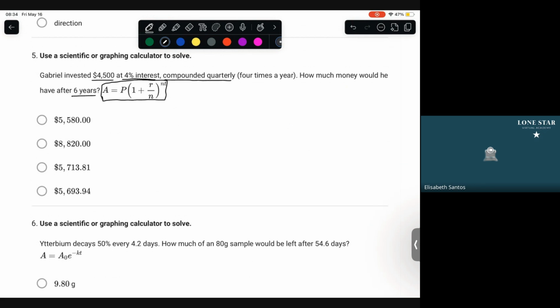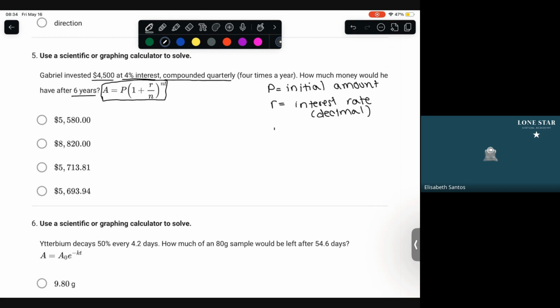Okay, so let me go ahead and go over what is what. P stands for the initial amount, so the amount you start with. R represents the interest rate, and you're always going to write it as a decimal.